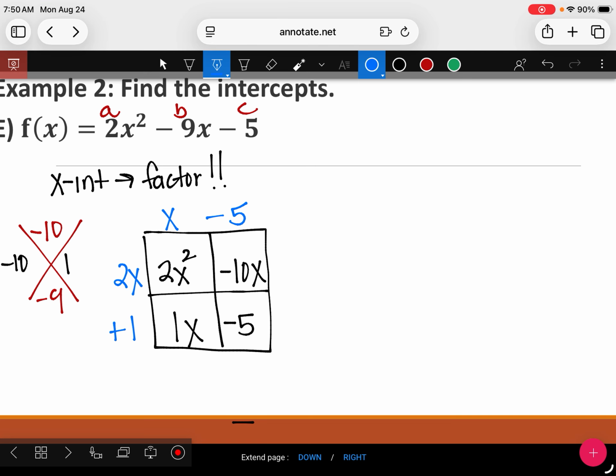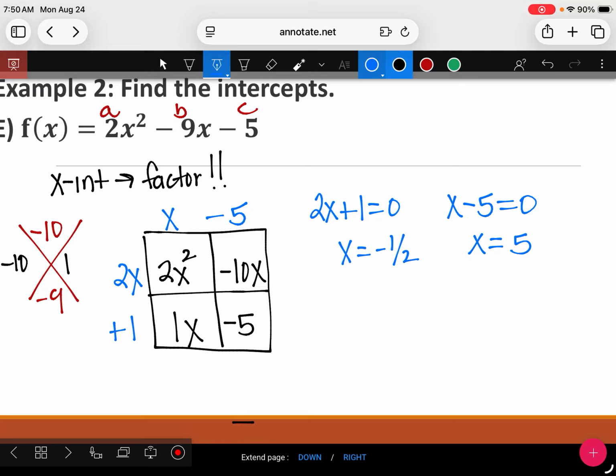So when you set these equal to 0, you would have 2x plus 1 equals 0, and x minus 5 equals 0. So for your x-intercepts, my answers that I'm looking for would be a negative 1/2 and a positive 5.